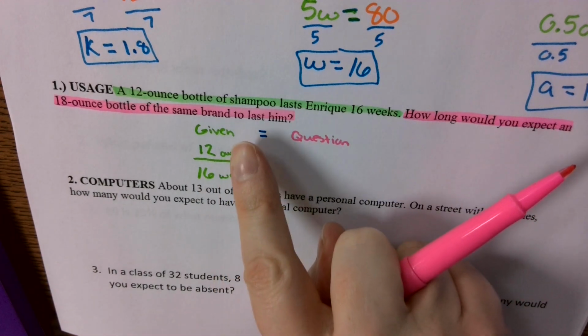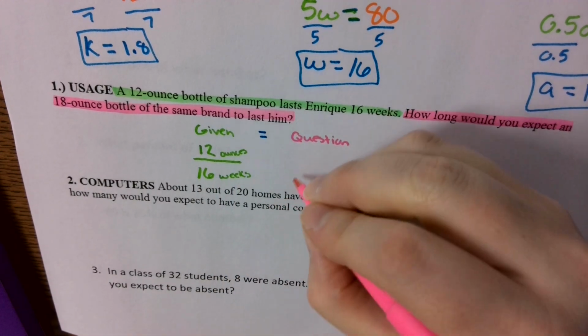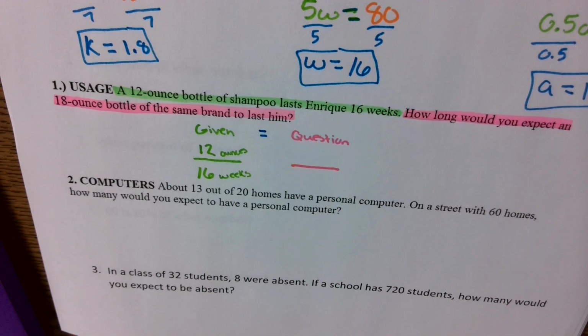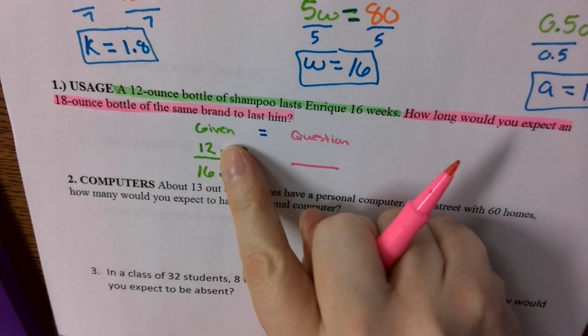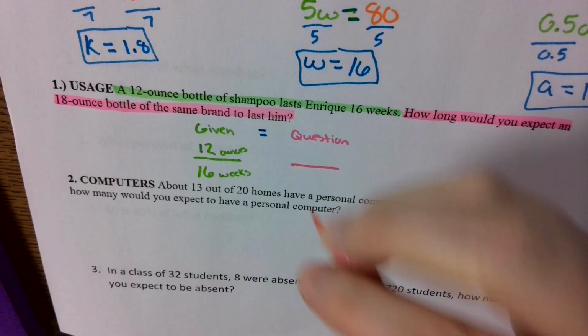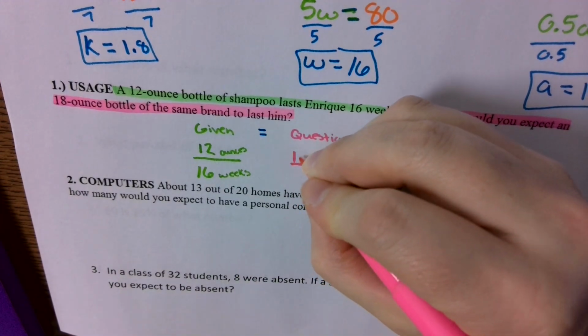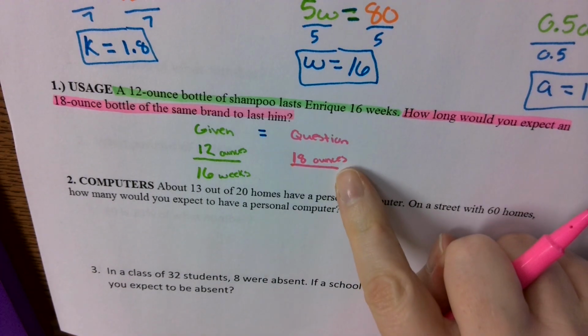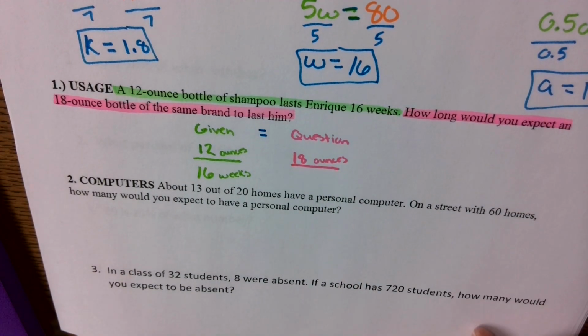Based off of how I set up my given, where do 18 ounces have to go? Top or bottom? Top, right? Because ounces were on the top in my given, therefore ounces is going to stay on the top in my question. So I'm going to put 18 ounces on the top.